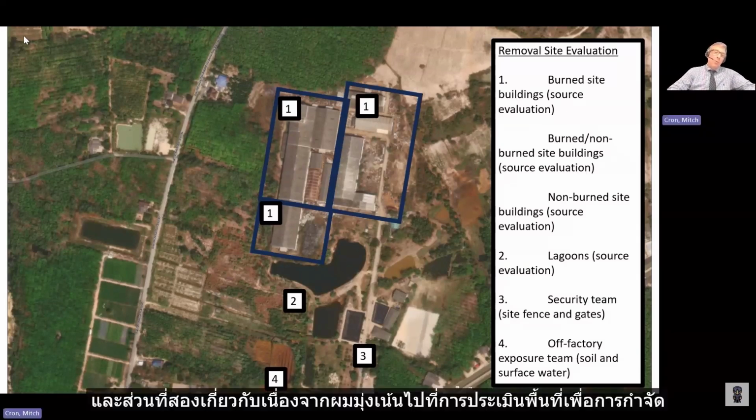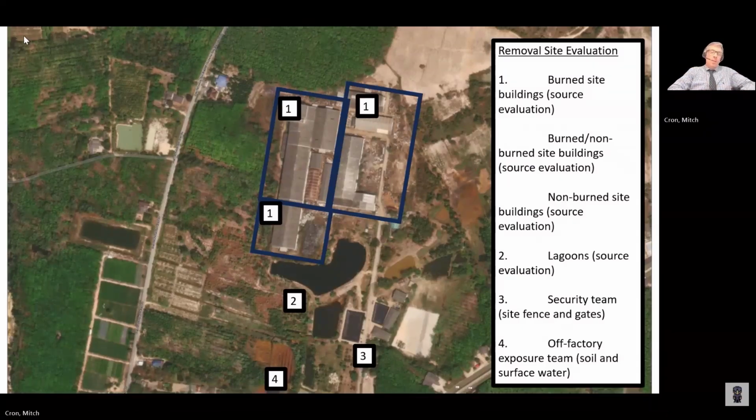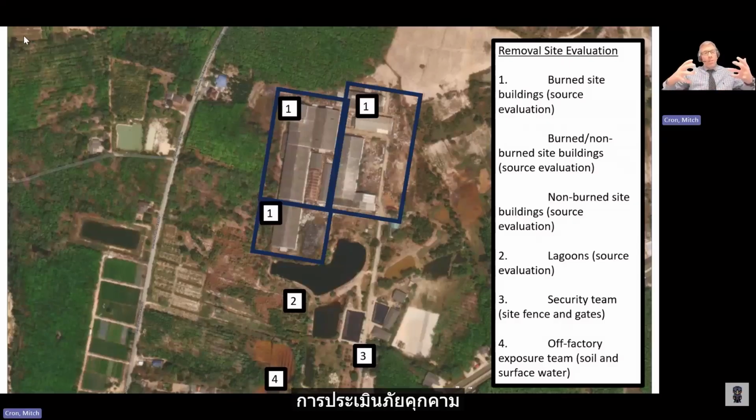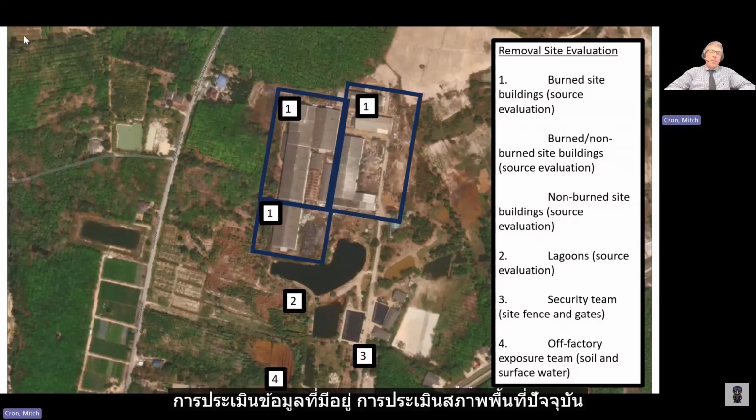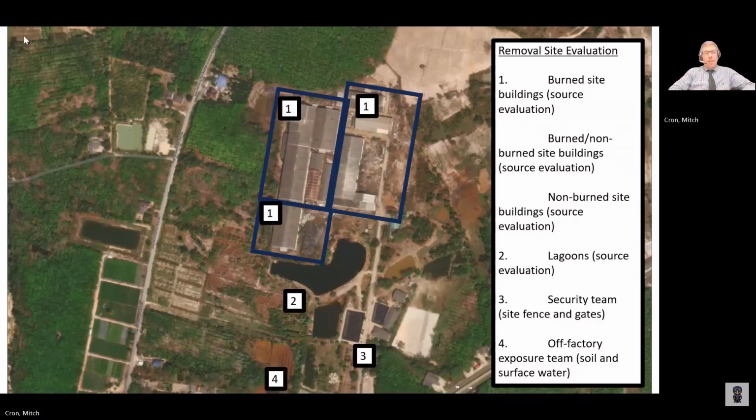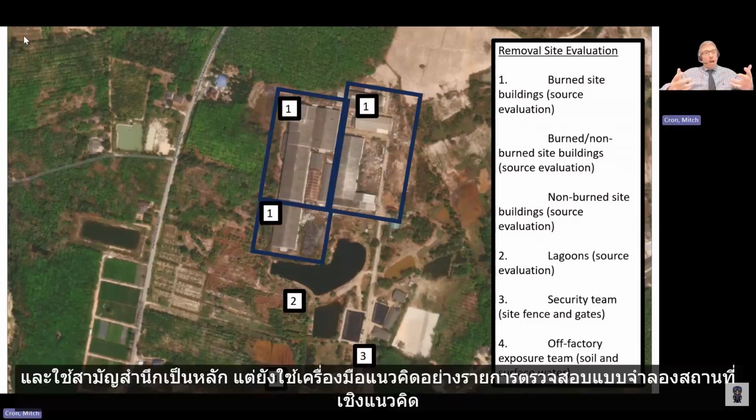And piece two pertains to my focus on removal site evaluations. Evaluations of threat, evaluations of existing information, evaluations of current site conditions, and using common sense above all, but also using the conceptual tools like the conceptual site model checklist.